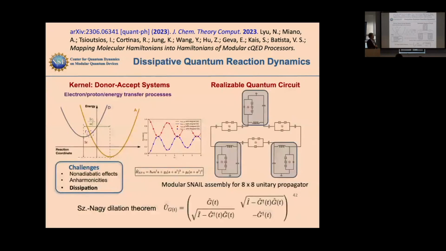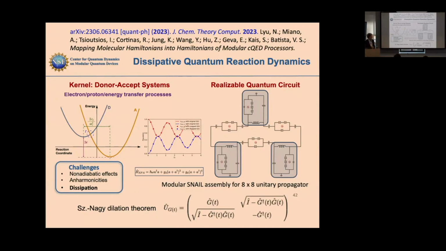And what we have applied that approach for is the FMO model system, where we simulated the population transfer between the chromophores based on this circuit that corresponds to 3 snails coupled to these quartons that correspond to the representation of the propagator of this system of chromophores where energy is being transferred.